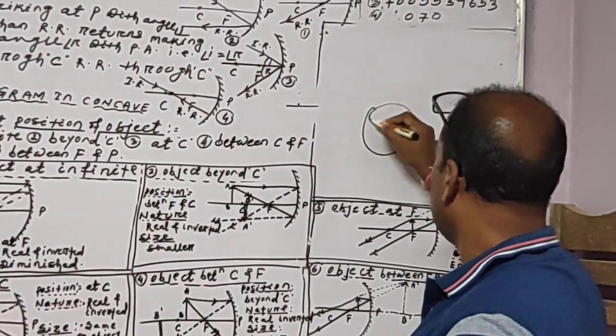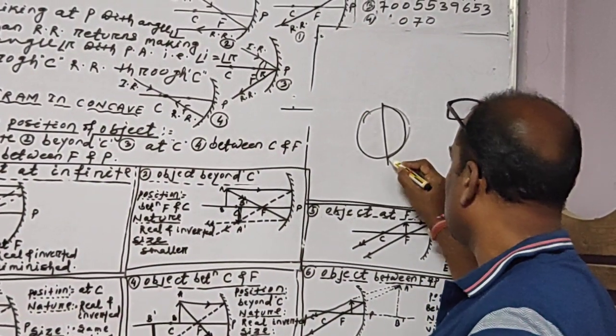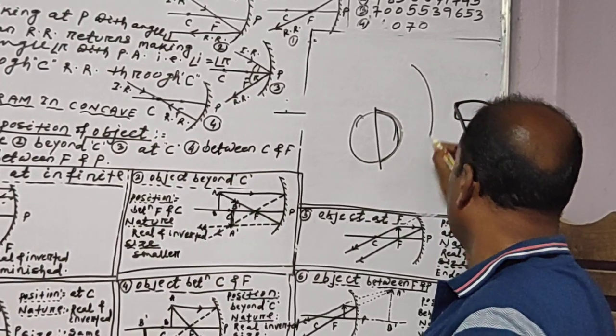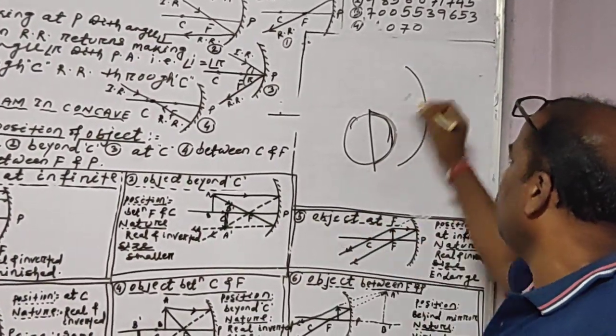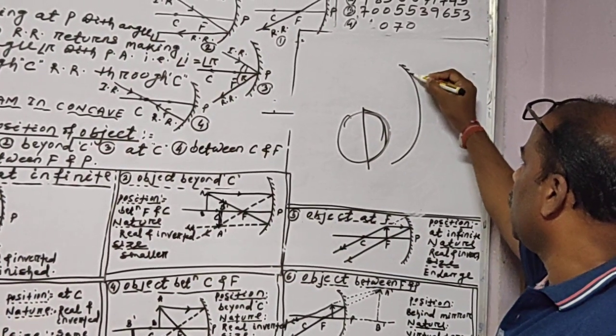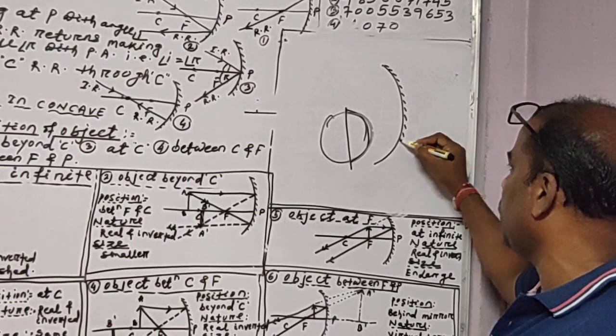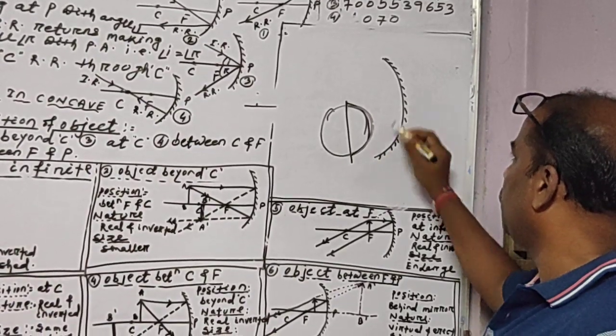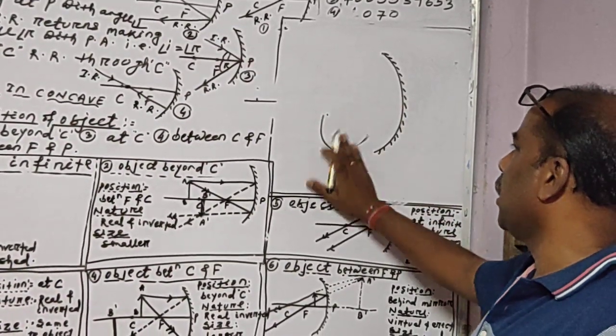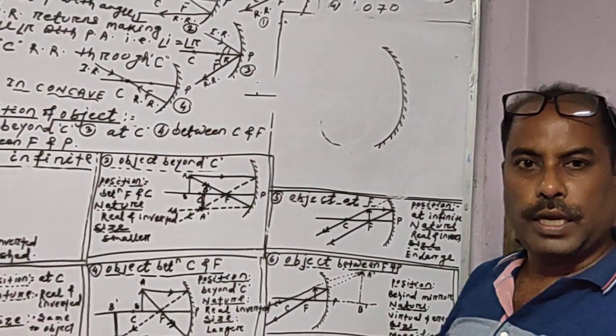Suppose this is the sphere; if we draw this part, it is called the concave mirror. So we can draw the concave mirror like that, and on the right side we put shading marks. That means it is the rough surface, behind the mirror, and the front side is the reflecting surface where we have to draw the ray diagram.